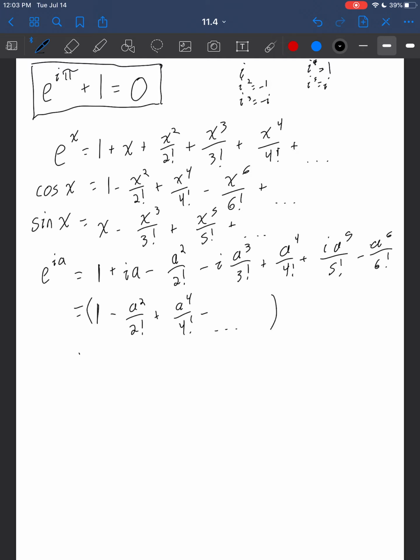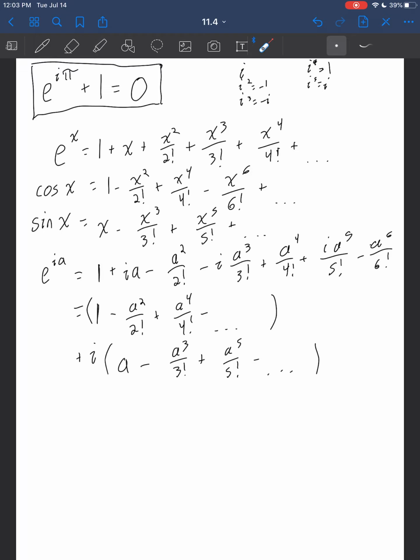So these are all the non-imaginary terms, and all of the imaginary terms with i on them, well, I'm going to have an a, I'm going to have a minus a cubed over 3 factorial, I'm going to have a plus a to the 5th over 5 factorial, and so on and so forth.